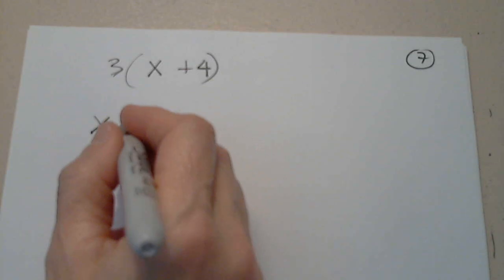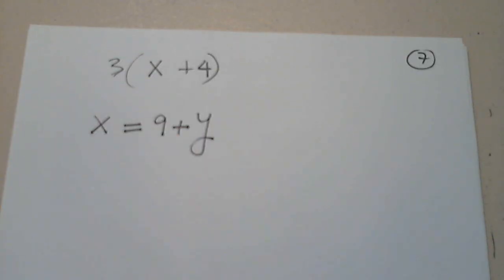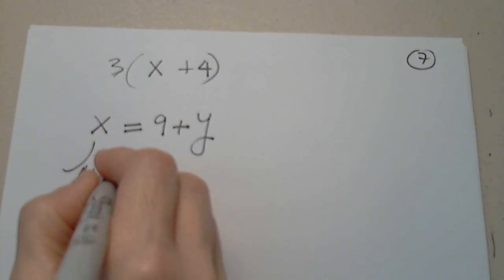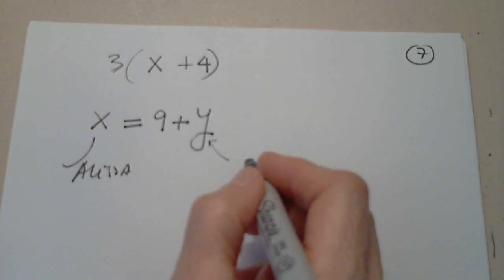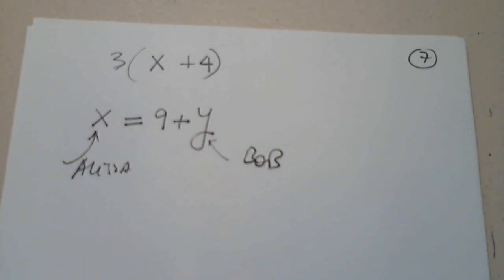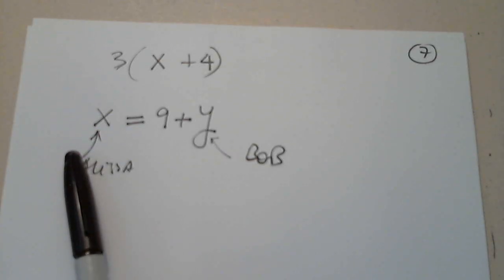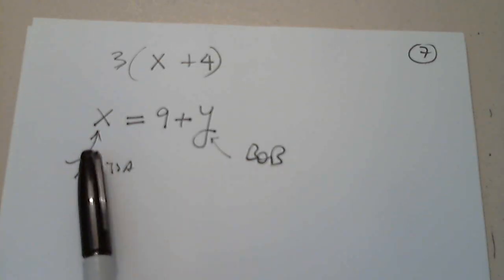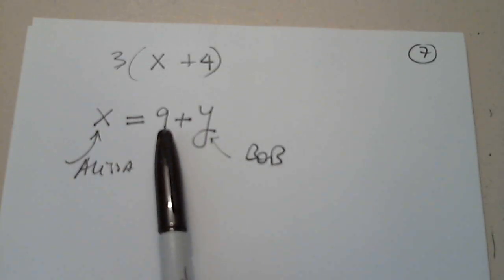X represents the number of dimes that Alisa has. Y represents the number of dimes that Bob has. So if he has 10, then she has 19. If he has 55, then she has 64. If he has 100, then she has 109. Whatever he has, she has 9 more.